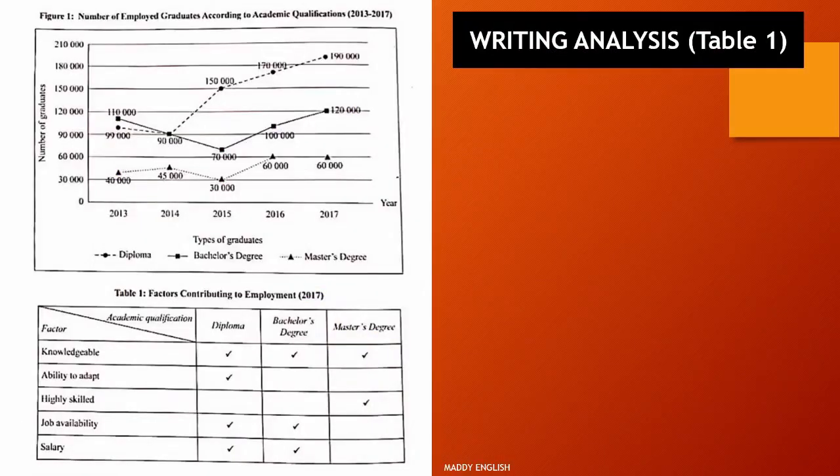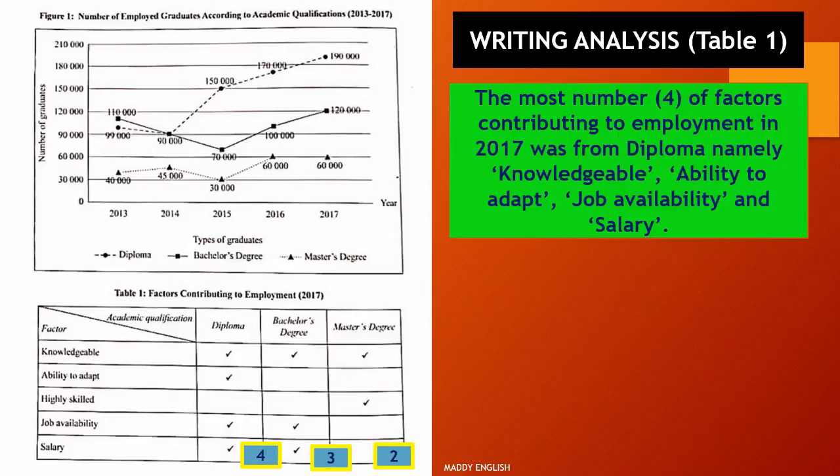Now, I would like to go to table 1 for the analysis this time. Earlier on, I have mentioned to you that the factors contributing to employment can be counted by the number of factors. Diploma 4, bachelor's degree 3, and master degree 2 factors. Take a look at this.